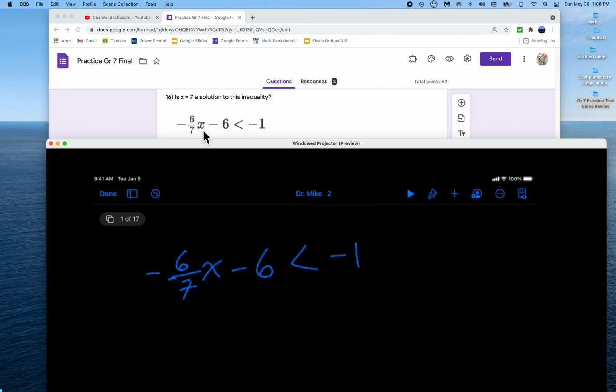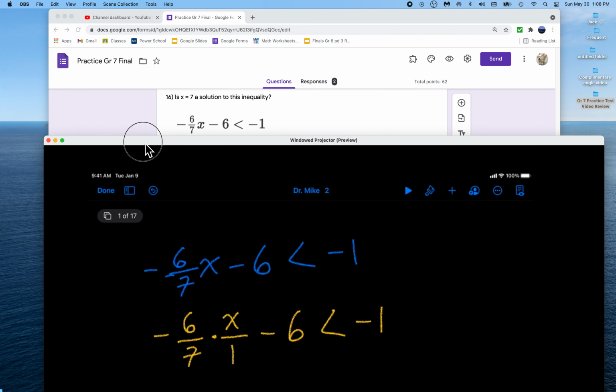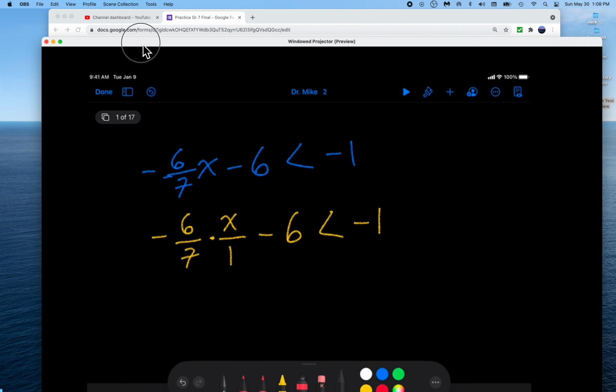It's confusing. Let's clarify what's going on. I'm going to change that to -6 over 7. And I'm going to be very clear that that x belongs in the numerator, like that. Then I'm just going to rewrite the rest of it. Now, is x equals 7 a solution?